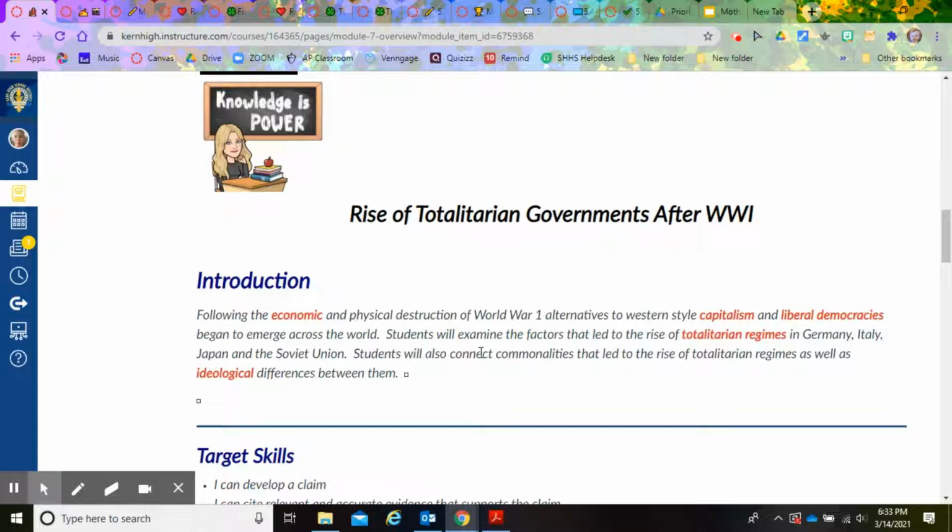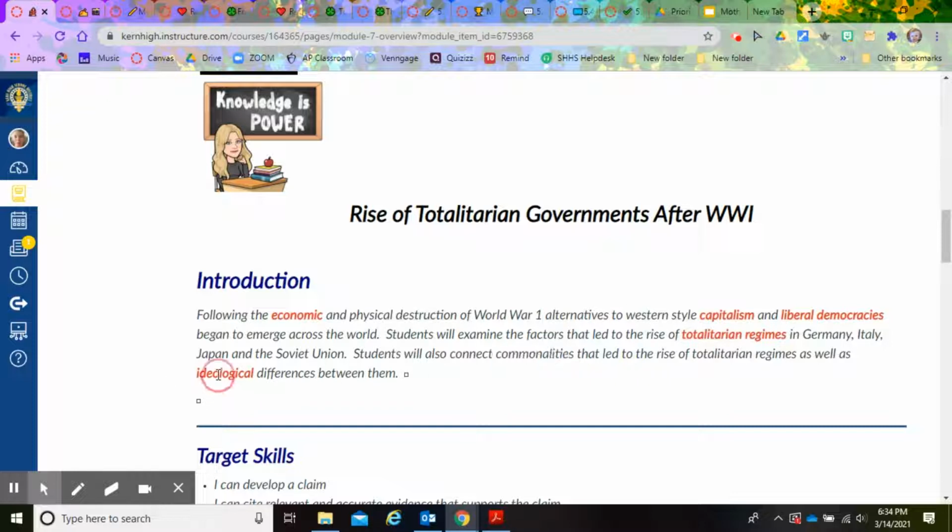We will also connect commonalities, so similarities, that led to the rise of totalitarian regimes. What were the factors that led to these types of regimes coming into these places? What do they have in common that causes these types of governments to come through?